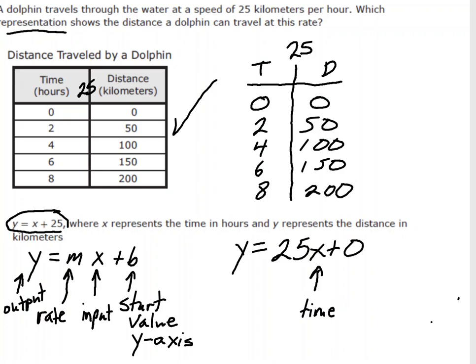And if time were 0, your starting value would have to be 0 because you would not have gone any distance because you spent no time going anywhere. And so we see that the linear equation we would have to have is different than here, so I would not choose that.